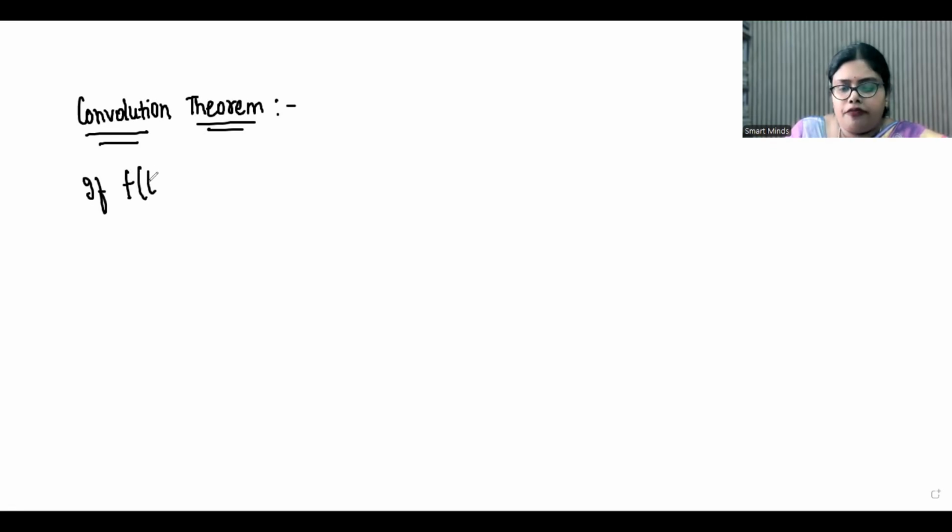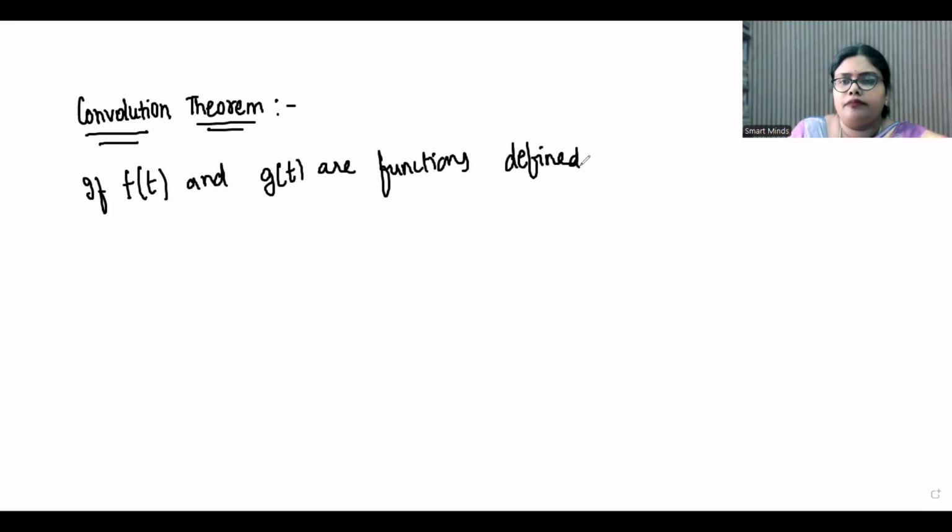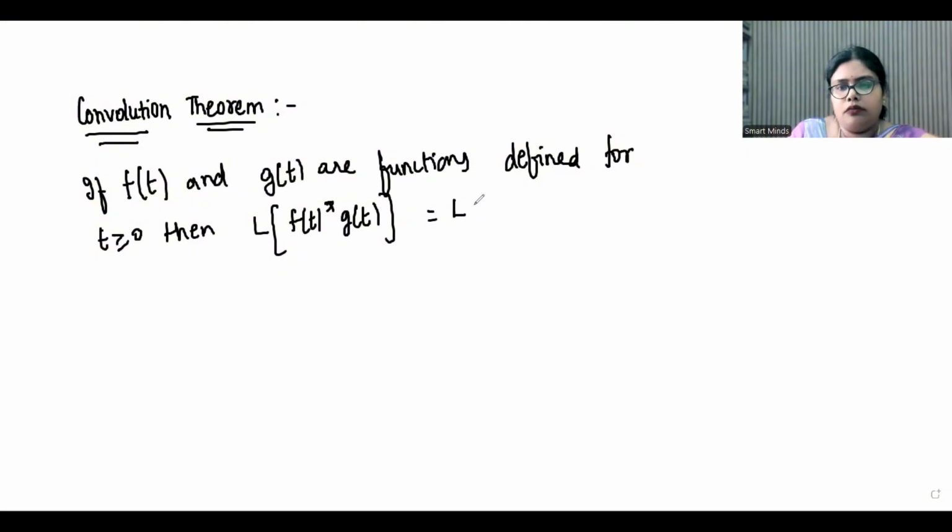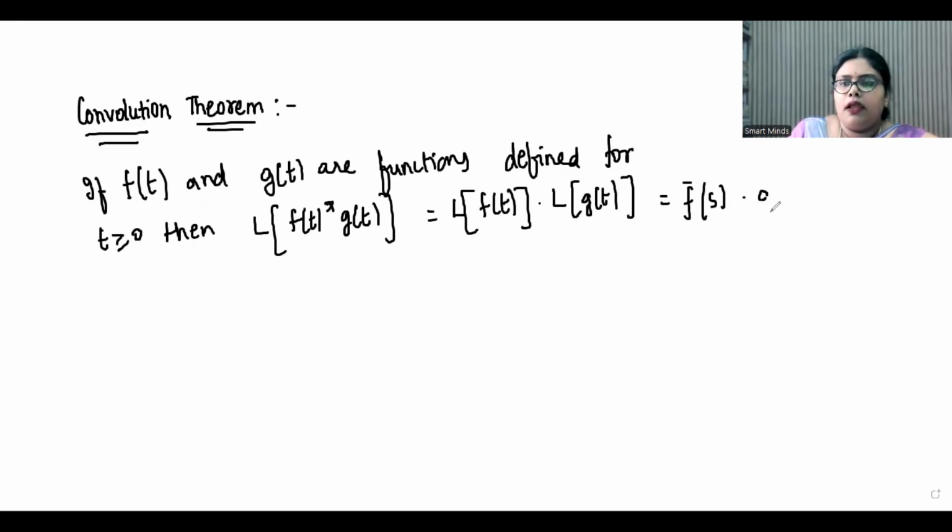So if f of t and g of t are functions defined for t greater than or equal to 0, then L of f of t into g of t is equal to L of f of t into L of g of t. That is equal to f bar of s into g bar of s.